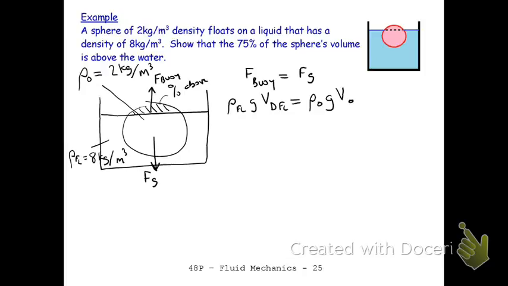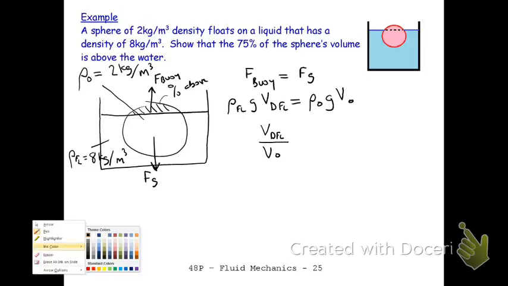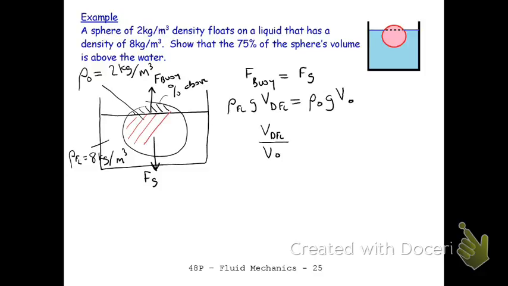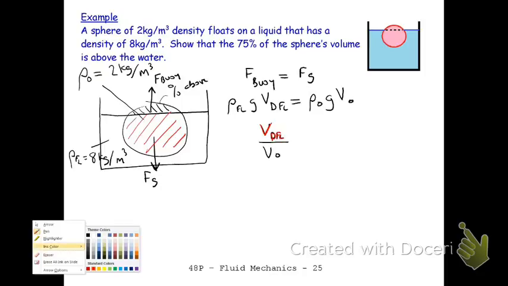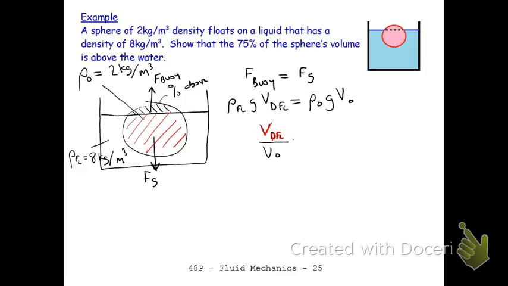Oh, that's interesting, because what I've just realized is the volume of the displaced fluid over the volume of the object is equal to rho fluid times g over rho object times g.